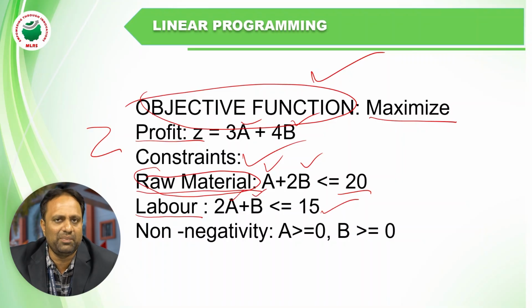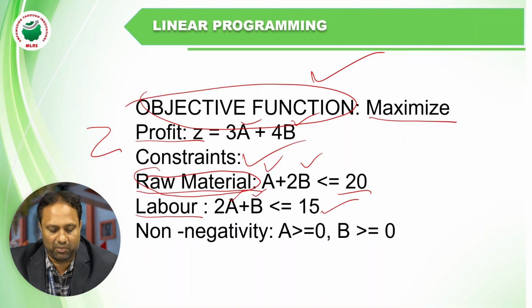You can use any method. In my coming videos, I will solve the problem with the help of the graphical method and the simplex method. By using these methods, you can find the optimal solution where a manufacturer can maximize the profits and minimize the losses.